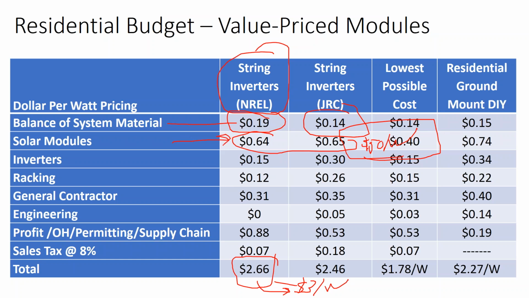But 64 to 65 cents a watt is typical for a good module efficiency of a 60 cell module. However, if the import tariff goes through at the level that was proposed by Suniva and SolarWorld, the minimum price of a solar module imported into the United States, and even SolarCity, which has a production facility in Buffalo to make solar panels, even they import solar modules into the United States.